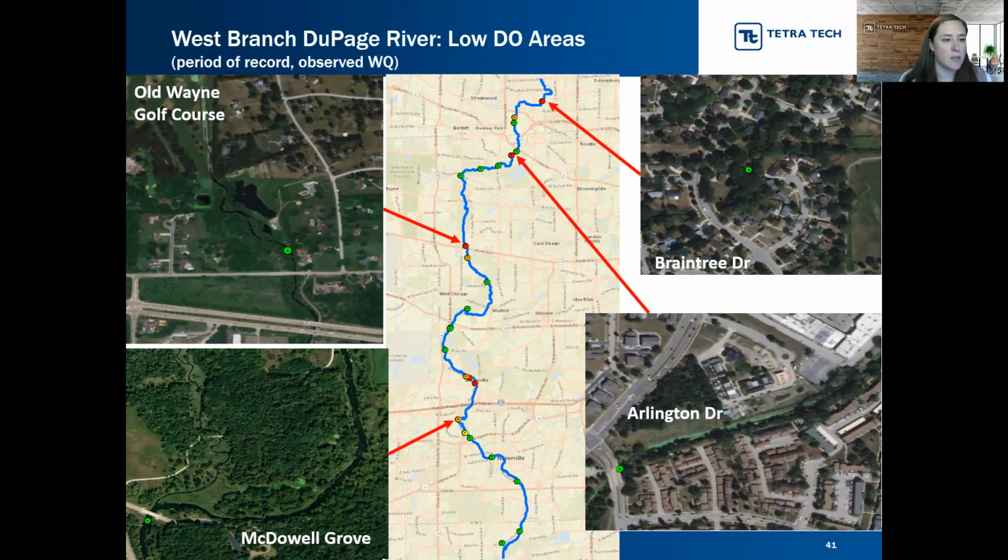Some of those areas are adjacent to golf courses, where you maybe wouldn't expect to see low dissolved oxygen. But here's a good example: this small tributary near McDowell Grove is like a branch off the main stem. Perhaps something is happening there that we don't know about. Unknown. Let's maybe sample that area and see what's going on.